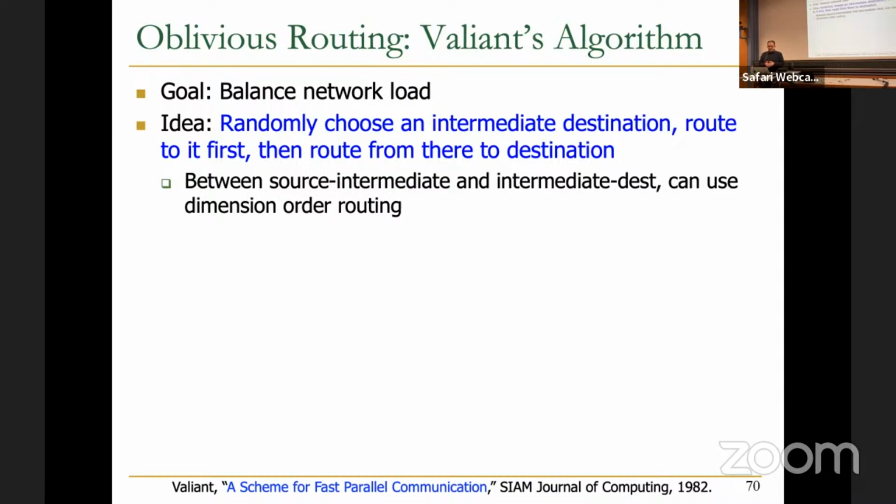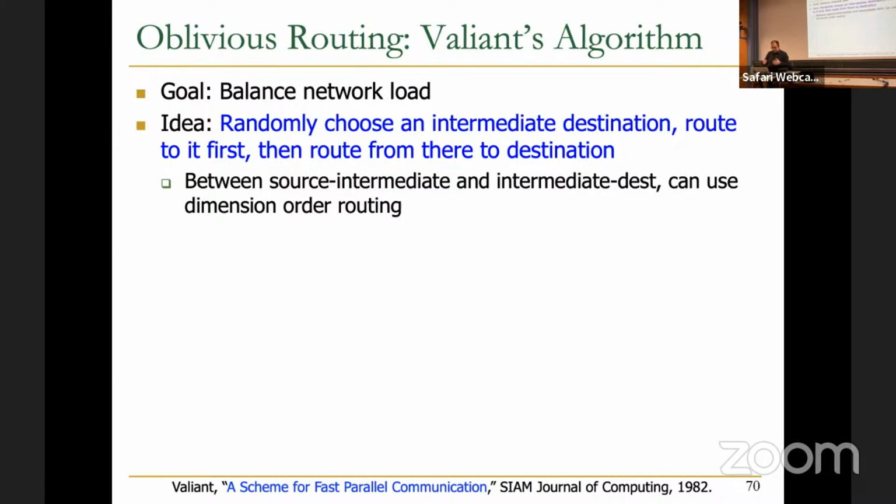With Valiant routing, you can have deterministic routing, but still benefit from some adaptivity. You send your packet to that intermediate node, and that can be deterministic. And then from that intermediate node, you also use another deterministic routing.